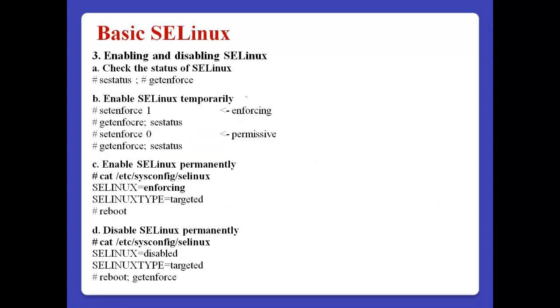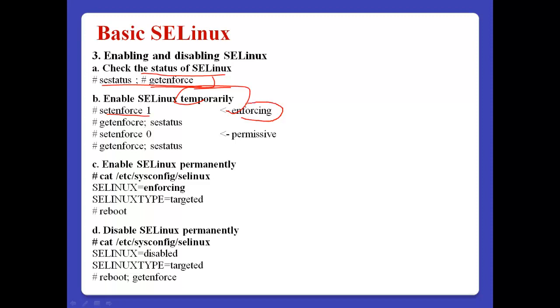Enabling and disabling SELinux. At first, you can check the SELinux status using this command: sestatus and getenforce. Then you can see your SELinux status. If we want to change the SELinux mode temporarily, you can use this command, setenforce 1.